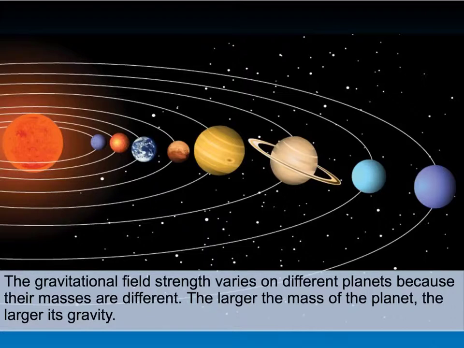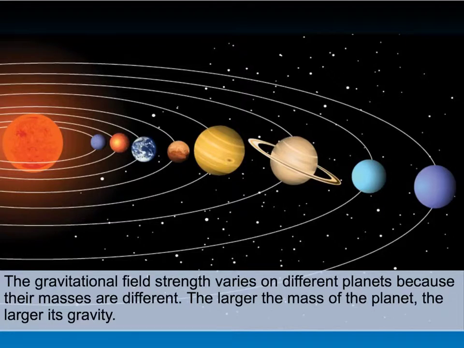Now, it's important not to confuse mass and weight. Your mass will never change wherever you go. Your mass is the amount of stuff you are made up of, or the amount of particles that make up your body. That is the same if you are on Mercury compared to if you are on the Earth, on the Moon, or on Mars.